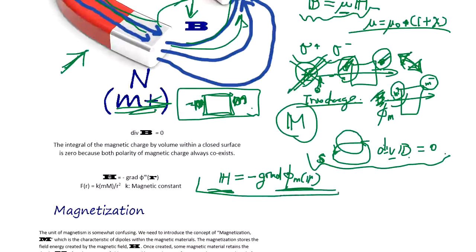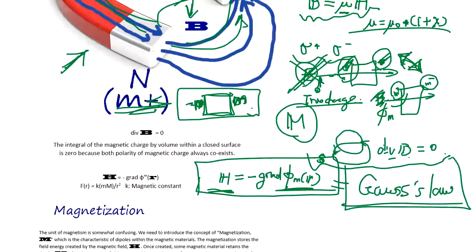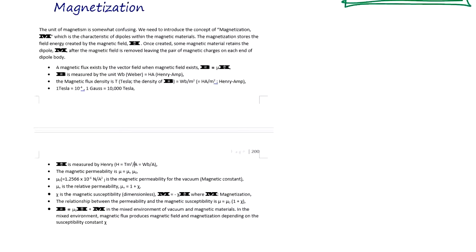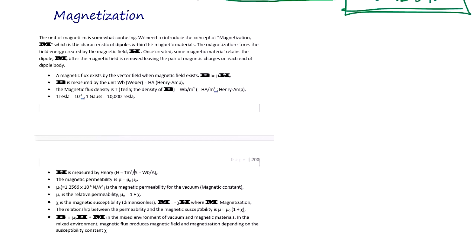So this relation is the same, and the same Gauss law applies for this. Okay, so when you remove the magnetic field, some materials stay magnetized, and we talk about that mechanism a little bit here.